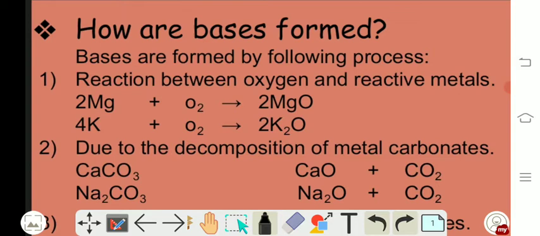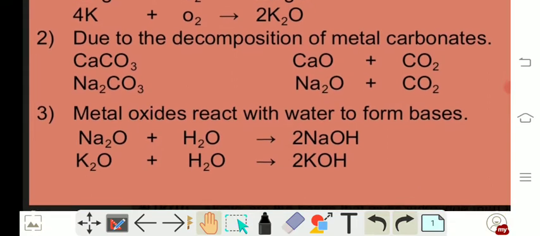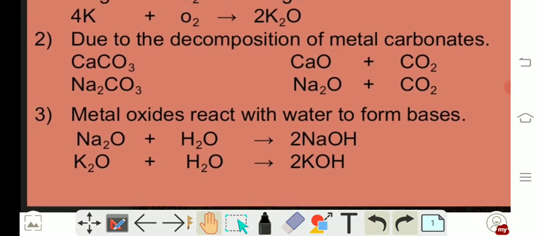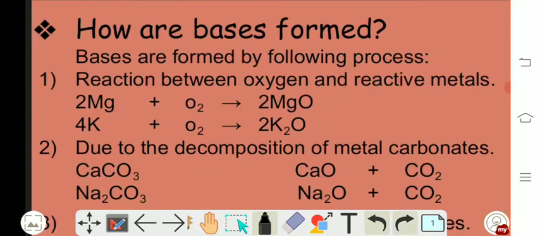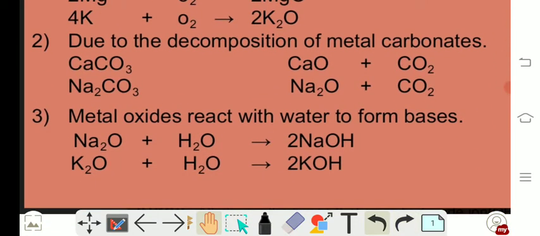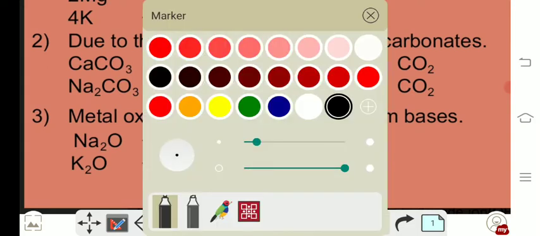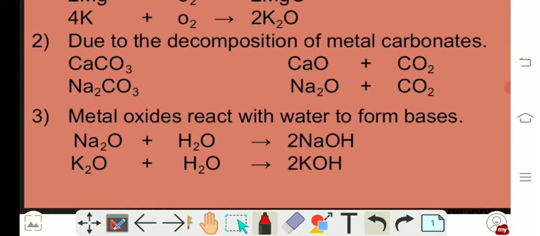Now let's go to number 2, my friends. Number 2: due to the decomposition of metal carbonates. Let's choose a color, I would like to take the red color.